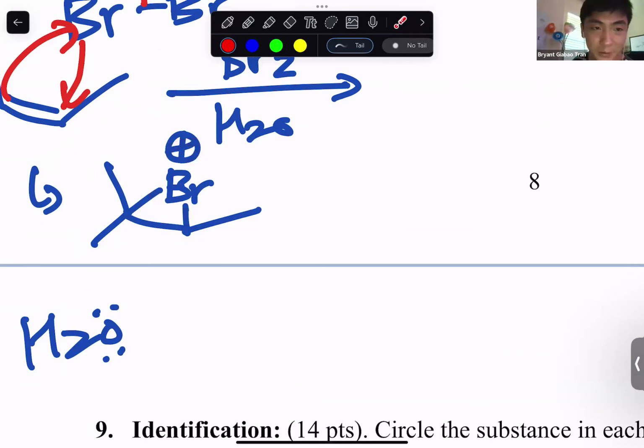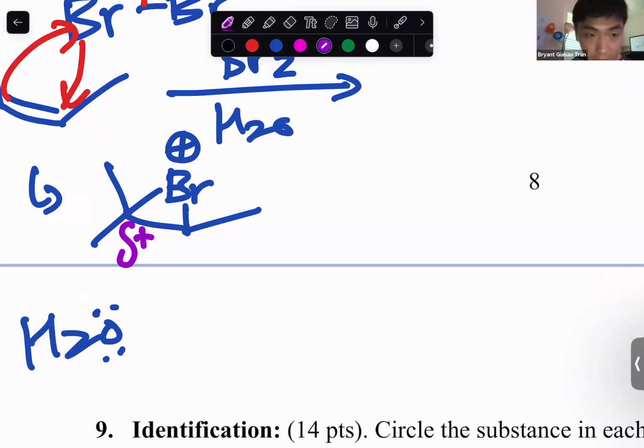Which side would give you the more stable carbocation? The more substituted, right? So there's going to be a bigger partial positive charge residing in that carbon because it's more substituted, more hyperconjugation. Whereas there's going to be a smaller positive charge on the less substituted because it's less stable there. So the water would tend to go towards the more substituted and break open the bromonium ion like that.